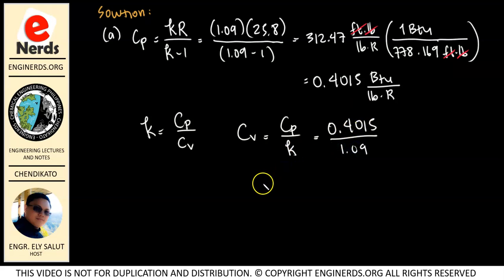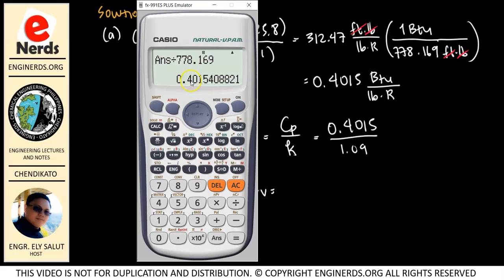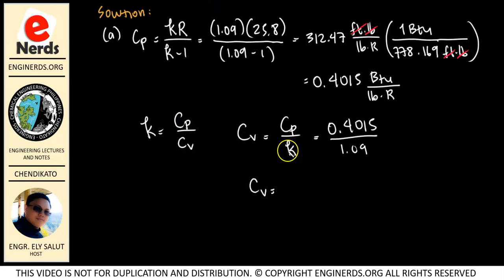So our CV is equal to 0.4015 divided by 1.09. This is equal to 0.3684, and our unit is in BTU per pound degree Rankine.